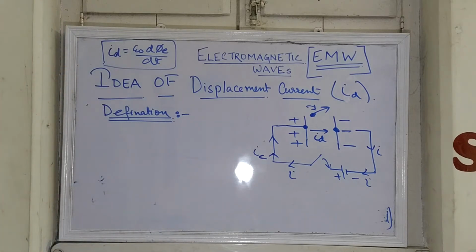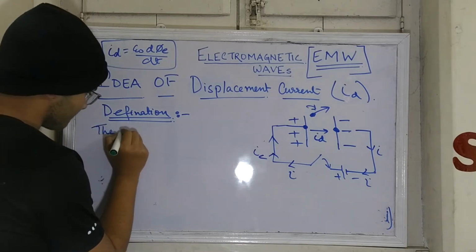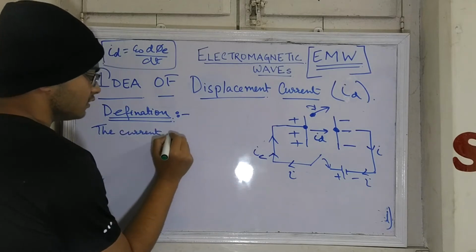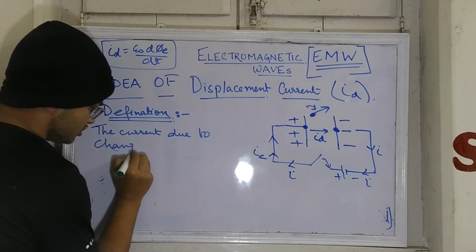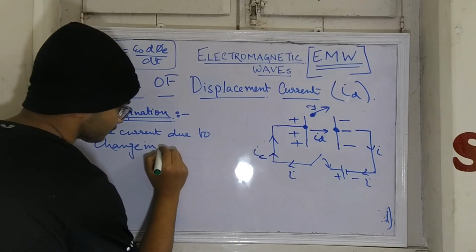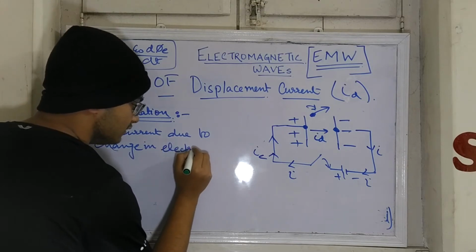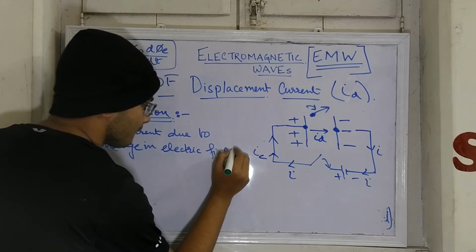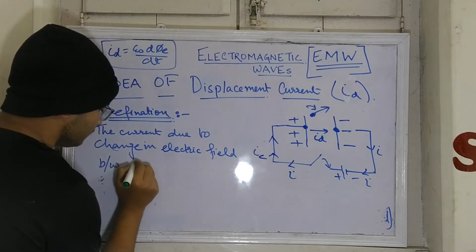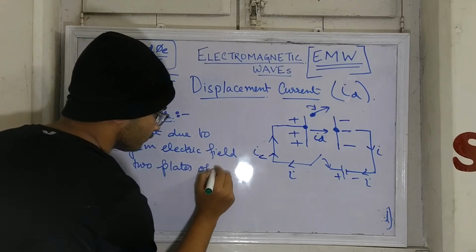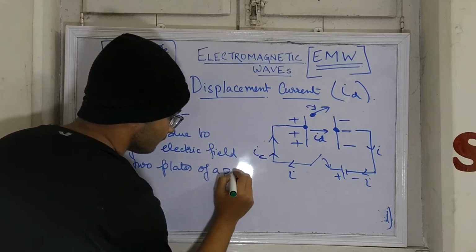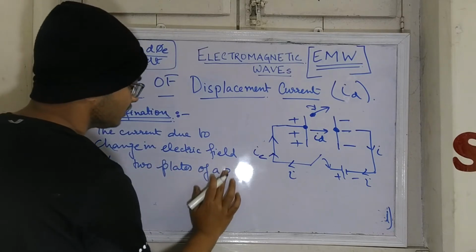The definition of displacement current: the current due to change in electric field between two plates of a capacitor.